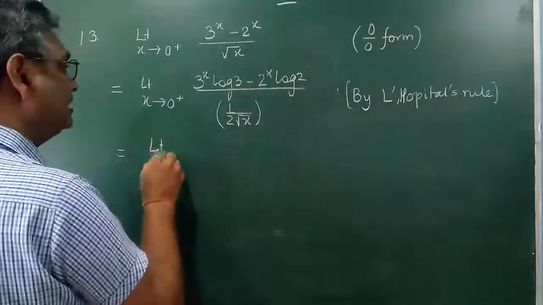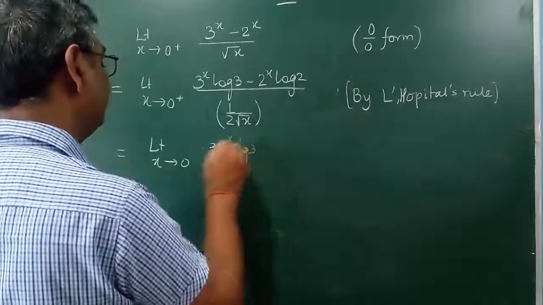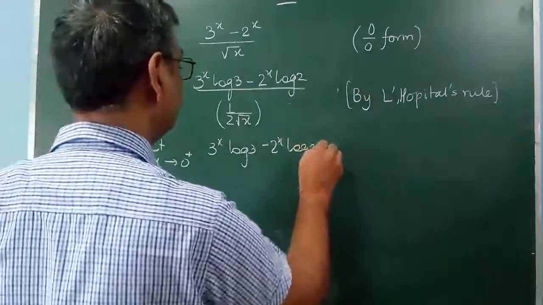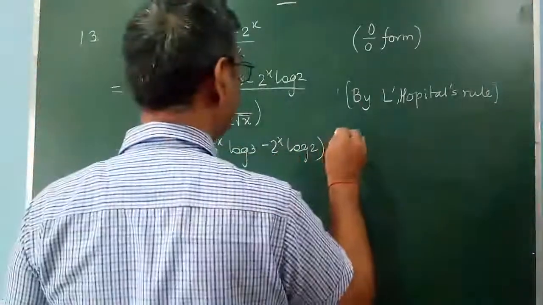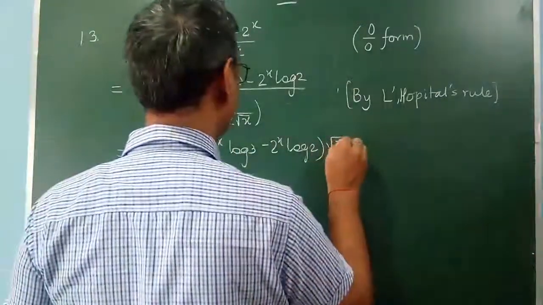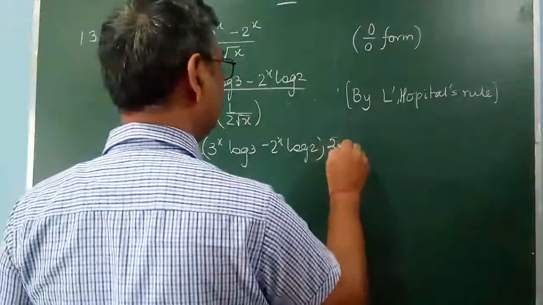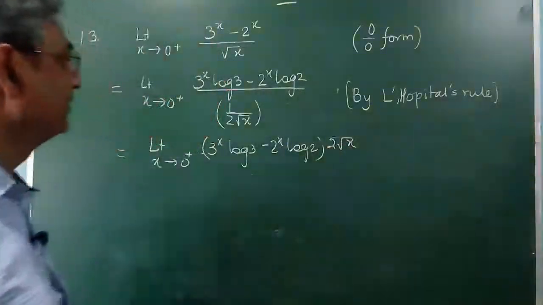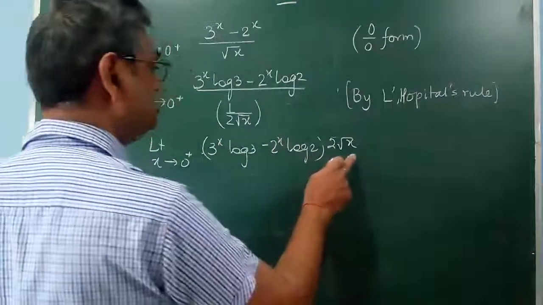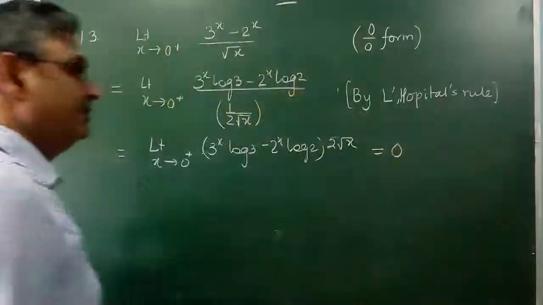So, limit x tending to 0, we have 3 to power x log 3 minus 2 to power x log 2, and 1 by 2 goes up, so we get 2 root x. So, once we put the limit, this will become 0, and 0 into anything is 0. So, the answer will be 0.